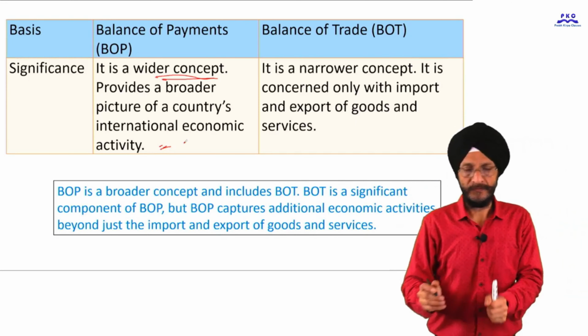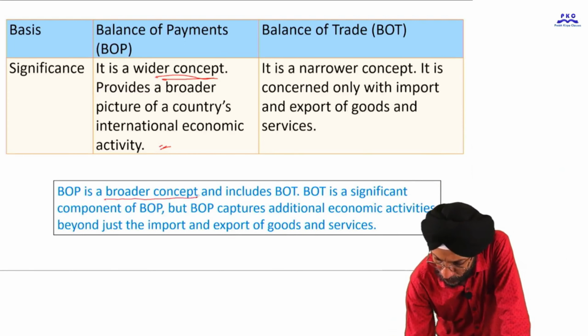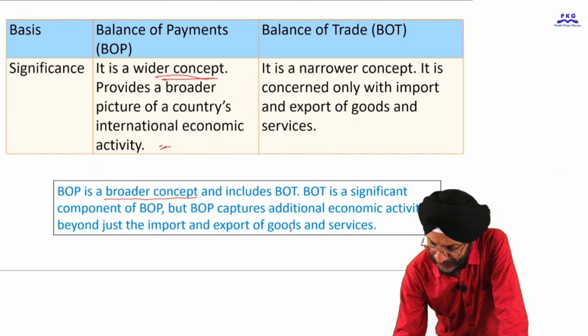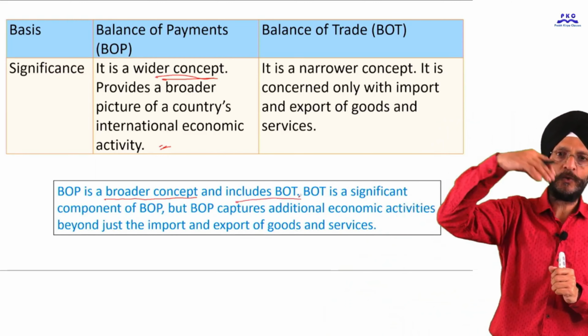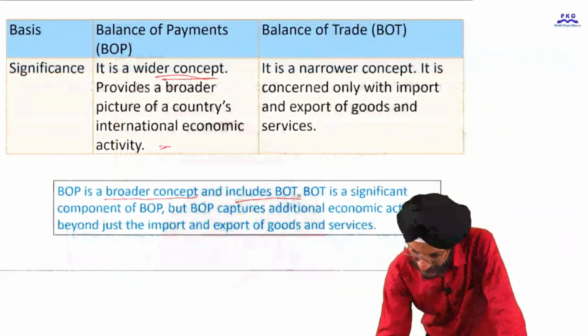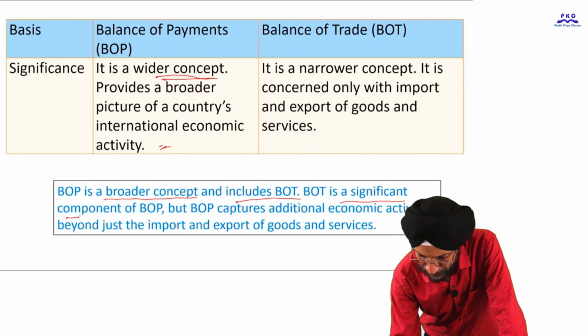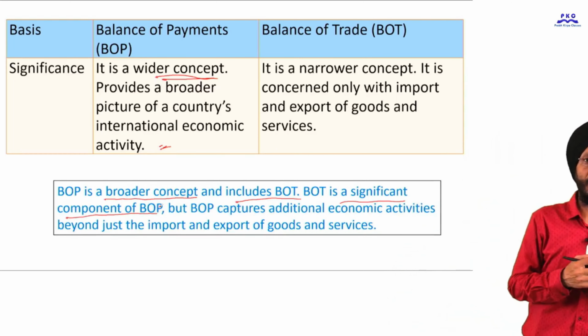So at the last, we can say that balance of payment is a broader concept and it also includes balance of trade in addition to other items. Balance of trade is a significant component, significant means important component, of balance of payment.